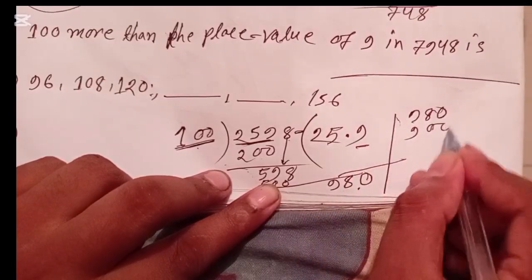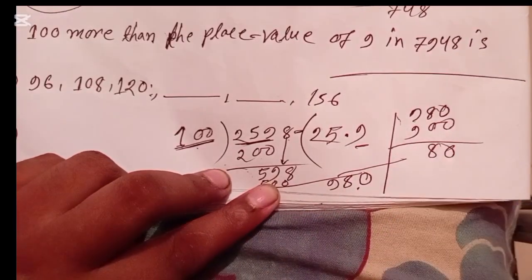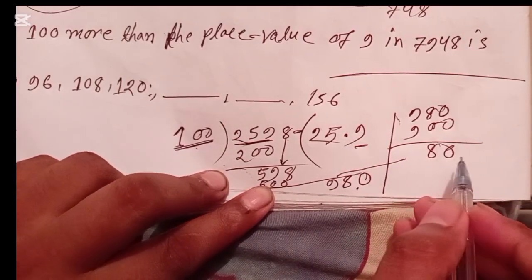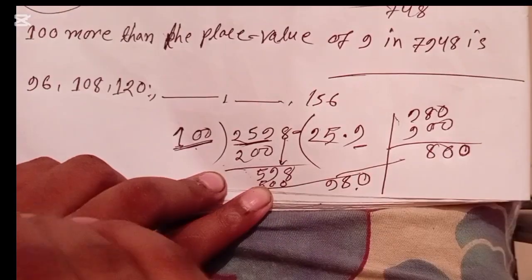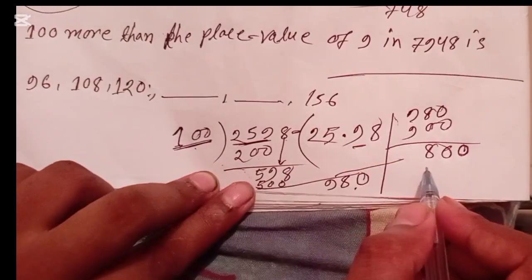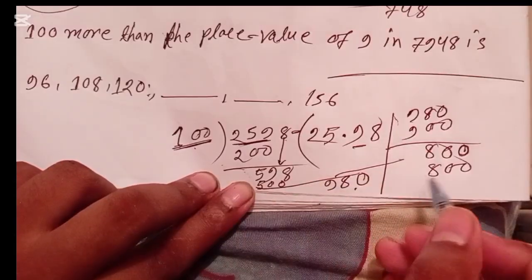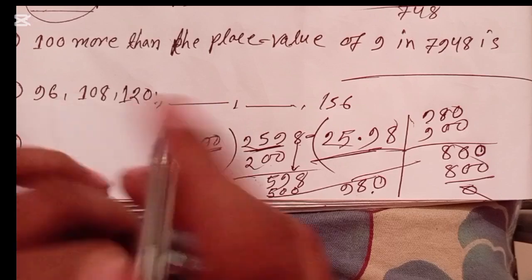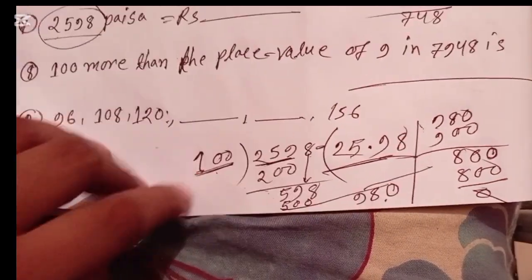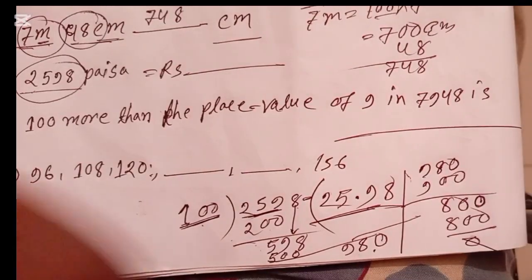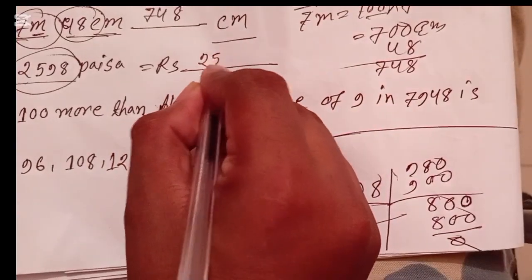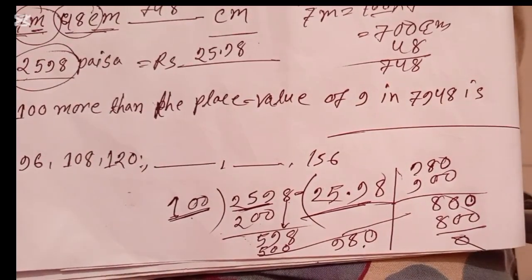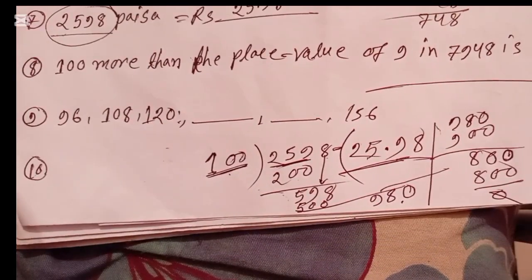If we put here 9, it will be 900, and then if we subtract, it will be 80, but 80 is smaller, that's why we put here another 0. Then if we put here 8, 8 hundreds are 800, then 0. So that's why our answer is 25.98. So 2598 paisa equals 25.98 taka or rupee.